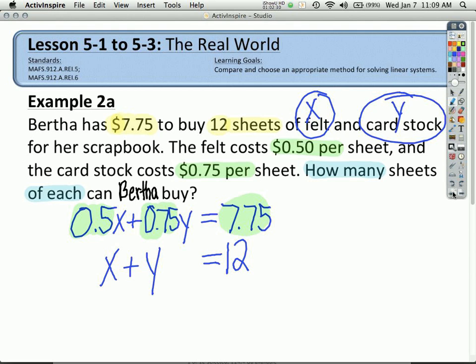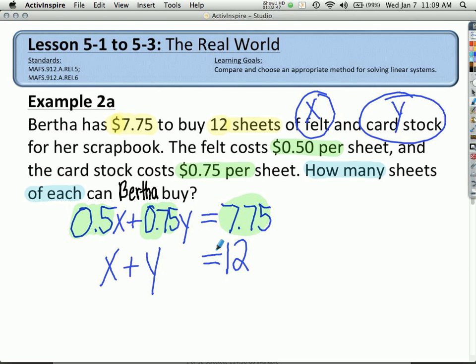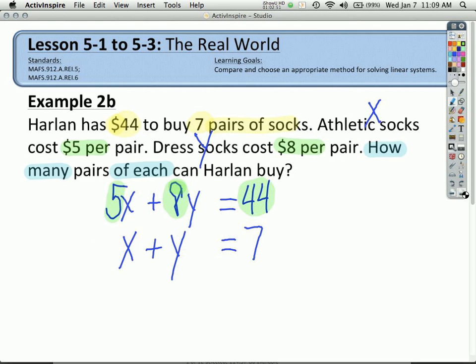Substitution will also work out beautifully as well. I am running out of time, so we're not going to actually solve it. For your homework, you are going to solve whatever I ask you to solve. But the more important thing to learn today was how to translate from the words into the system. And that was my goal. So I'm pleased that we were able to do what we did, and you guys did a really good job.